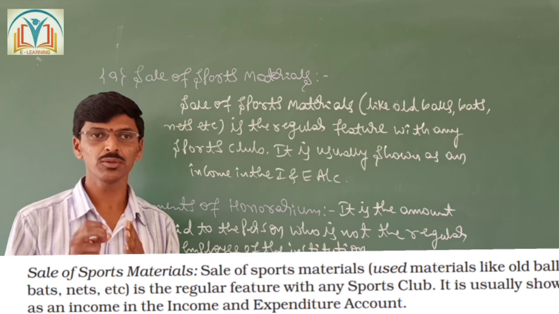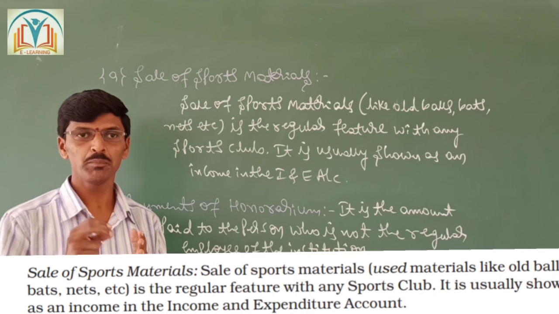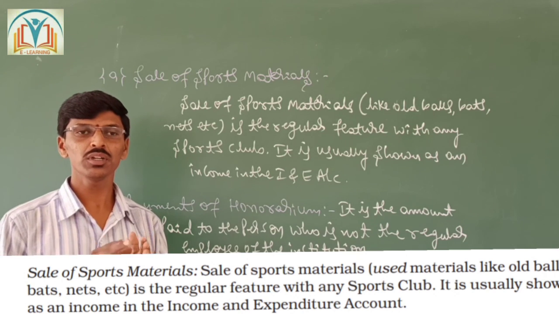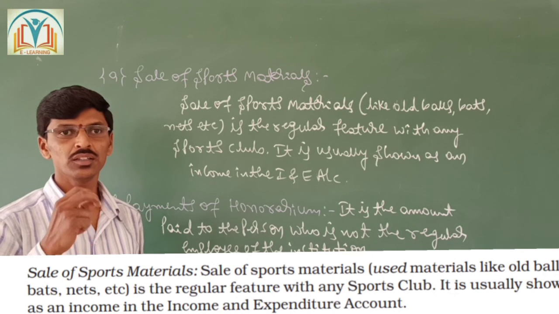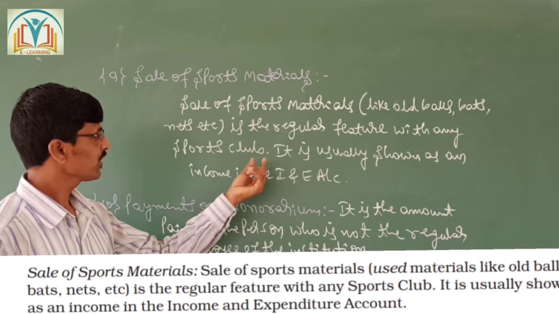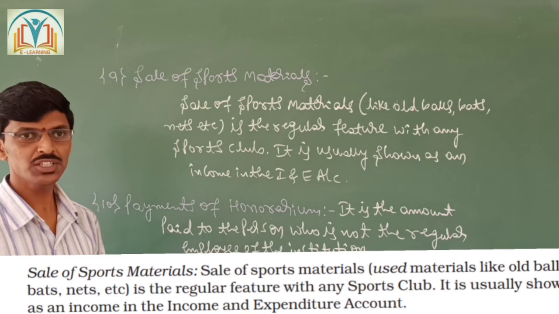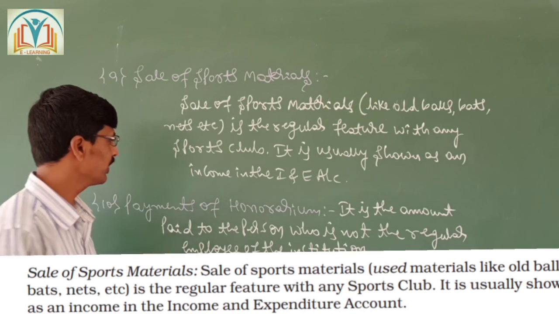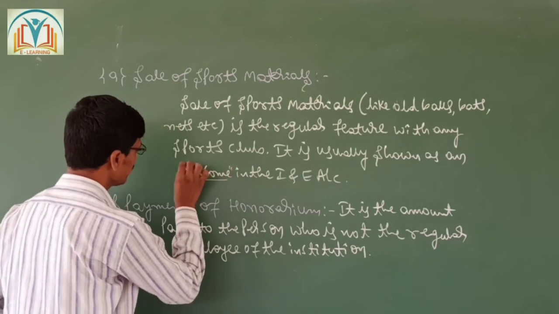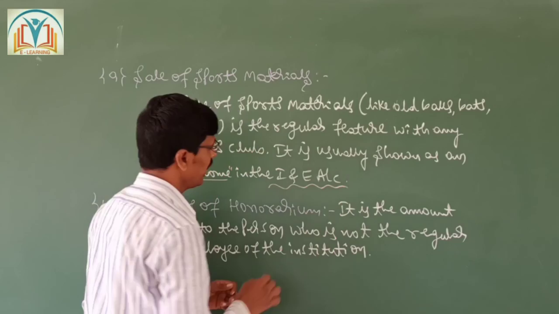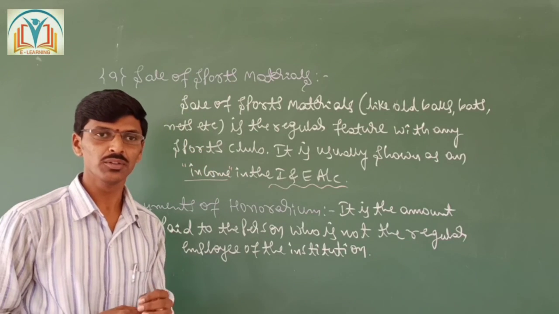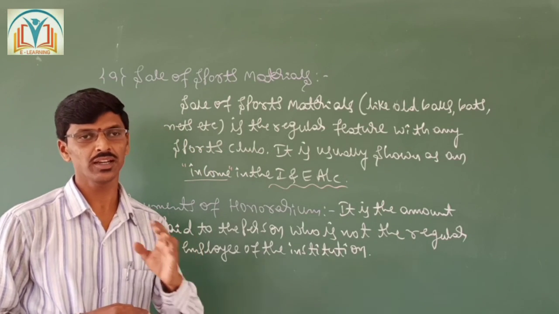They have used cricket balls, bats and nets, and they sell them to others. So those are a regular feature, hence it is usually shown as income on the income side of the income and expenditure account. So that is the ninth item.